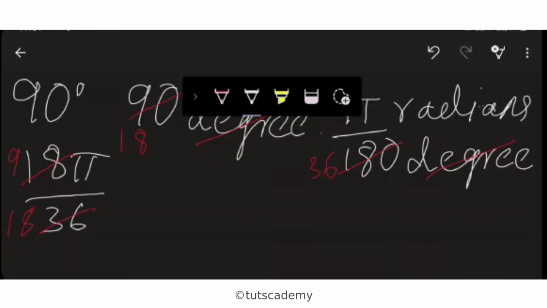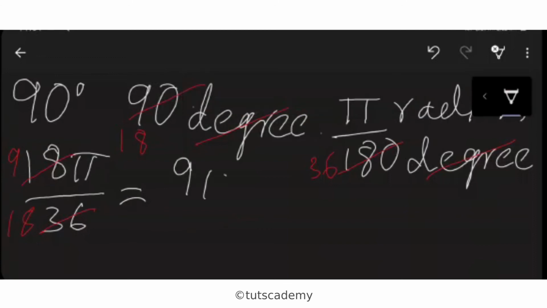Can we simplify it any further? Yes, we can. By the way, you don't have to write it all out. You just have to do some mind math. I'm just writing it out to show you how it actually works. So now we get 9 pi over 18 radians. Can we simplify it any further? Yes, we can, by 3. 3 threes are 9, and 3 sixes are 18.